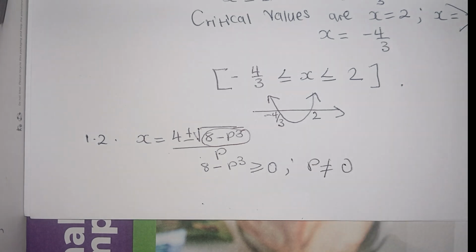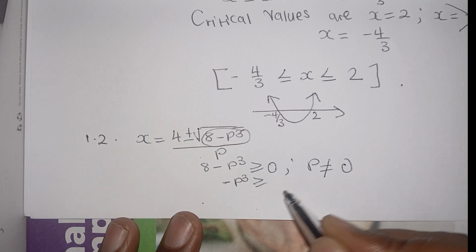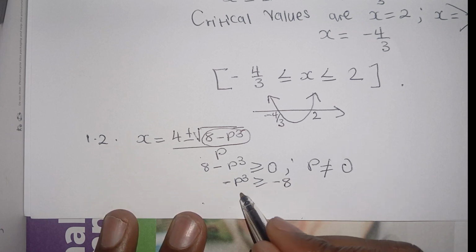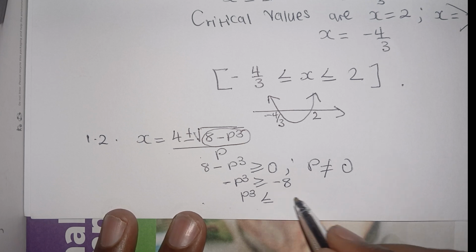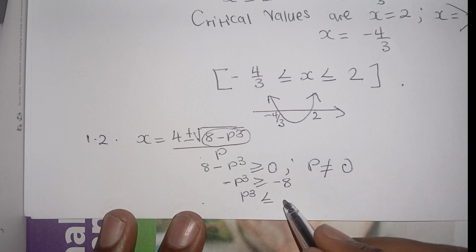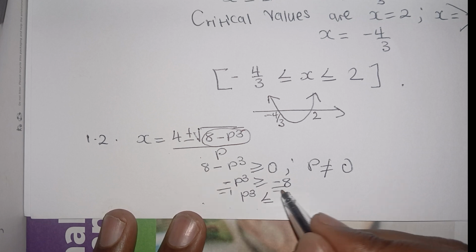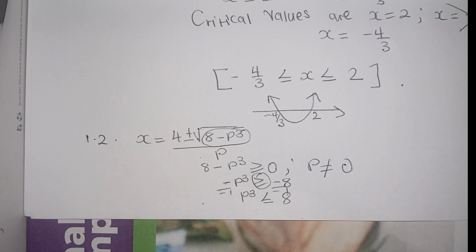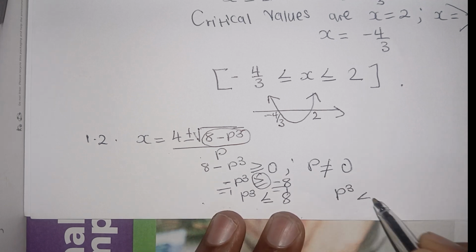Now, negative p cubed is greater than or equal to negative 8. Then we divide both sides by negative, and when we do that, you know it must change the sign. So we actually divided both sides by negative for it to turn and look the other way. Right?